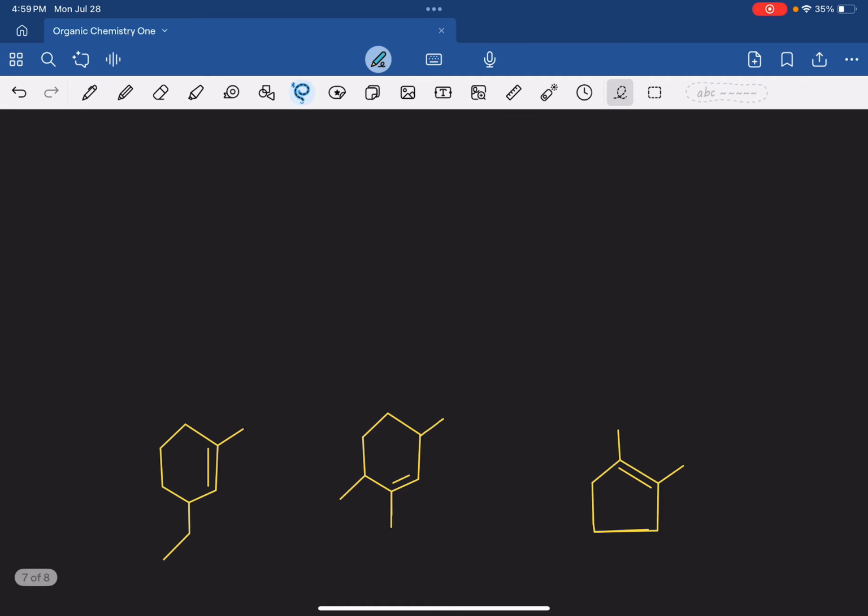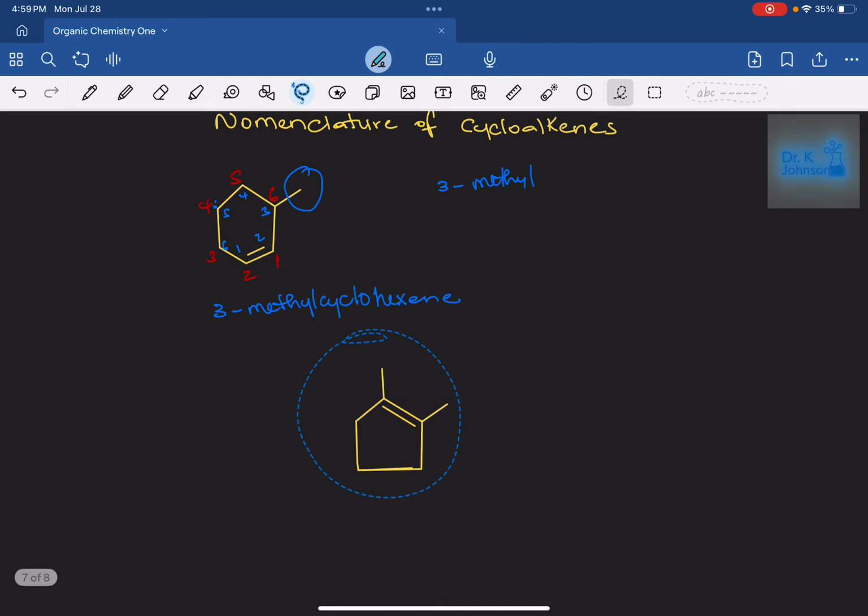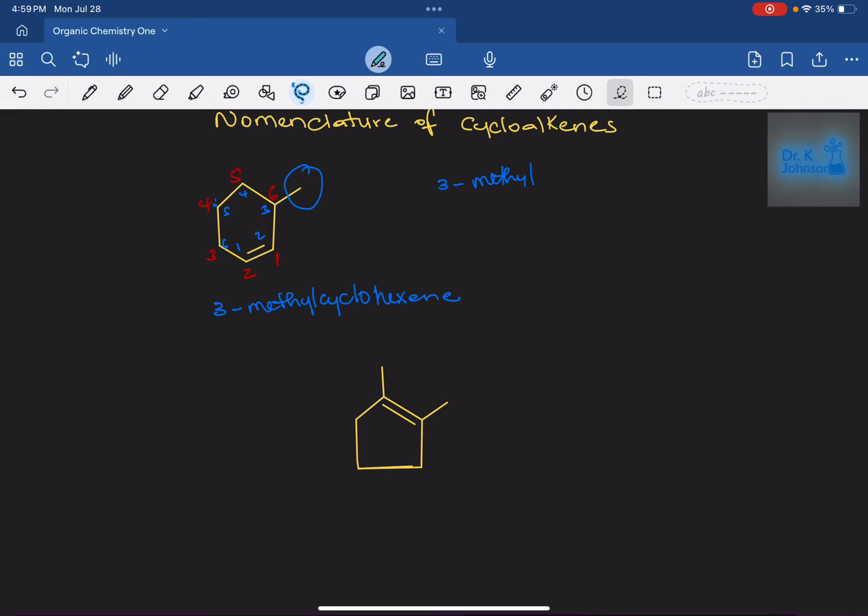Let's look at another example. I'm going to tell you a rule of thumb, but not in this one; I'll give it for the next example. For this one, it doesn't matter what direction you number it.